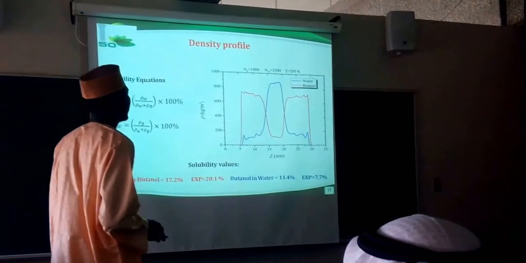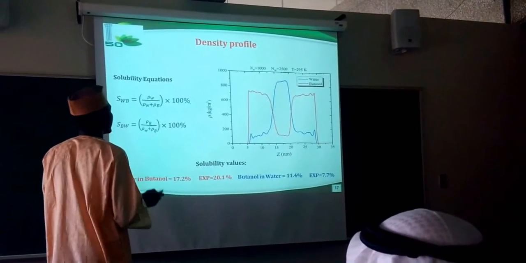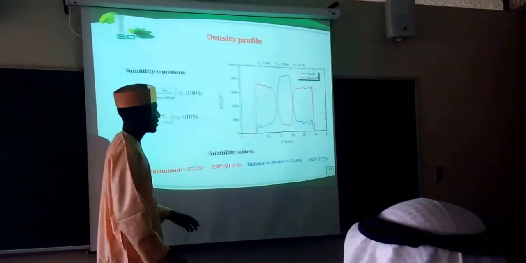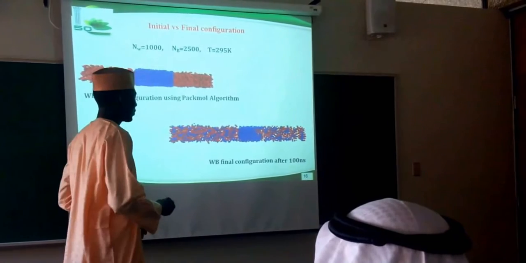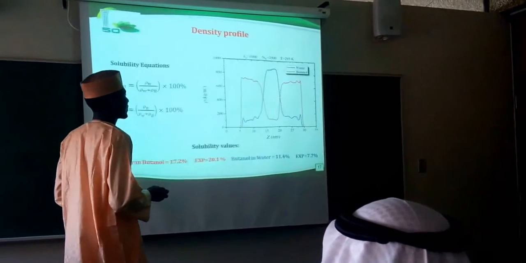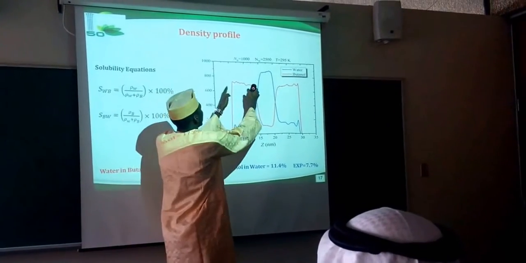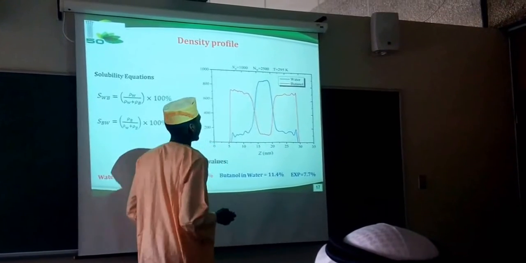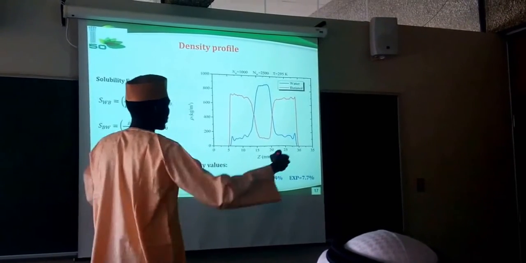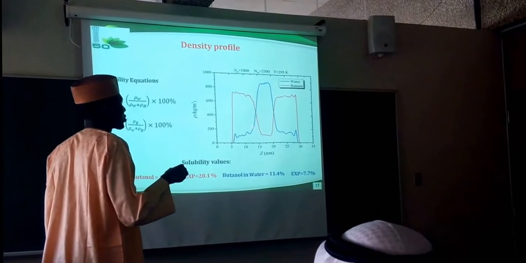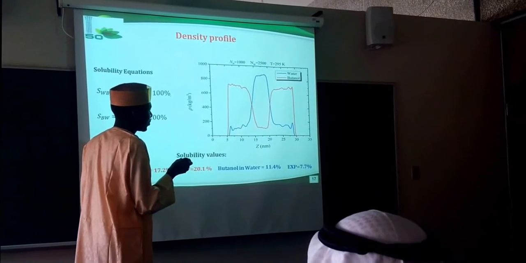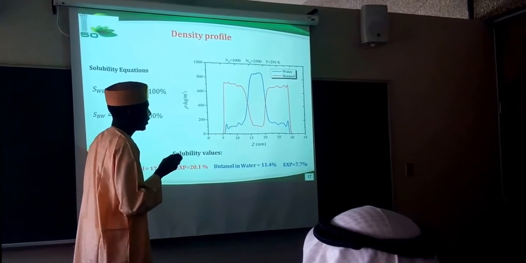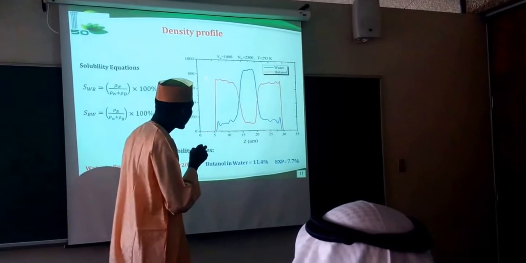Like we have seen here, this density profile depicts the penetration of the butanol into the water. This is the butanol-rich region, this also is the butanol-rich region, and the water-rich core is at the center. So we can see the water has penetrated up to this thickness into the butanol, and the butanol also has penetrated into the water to some degree.